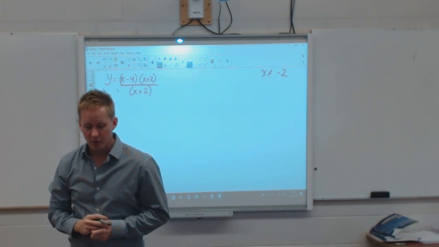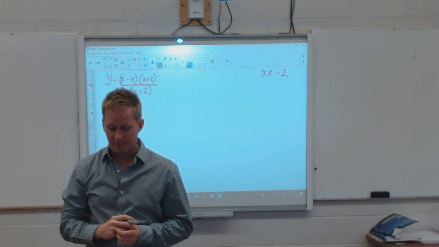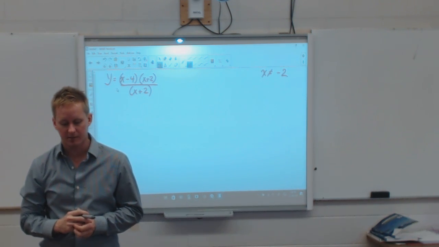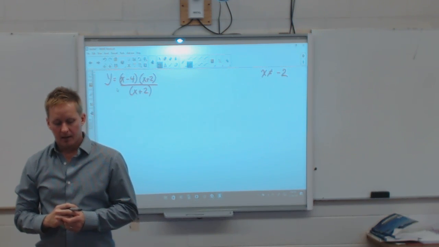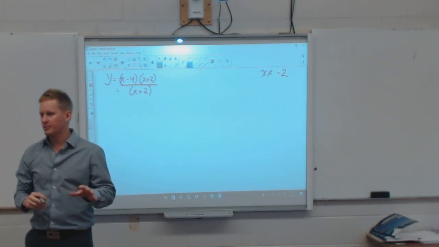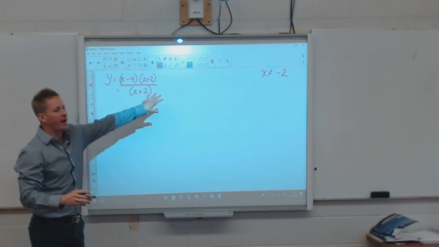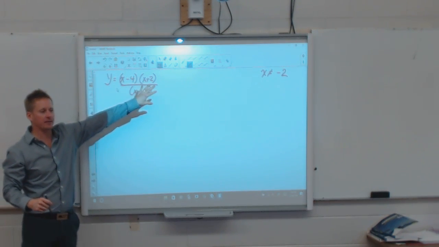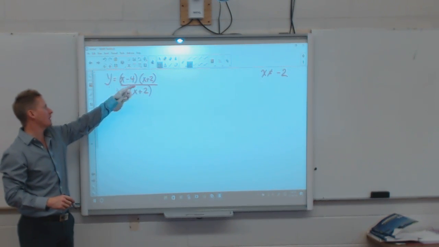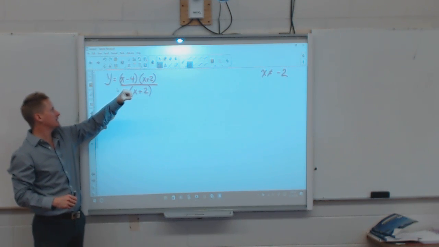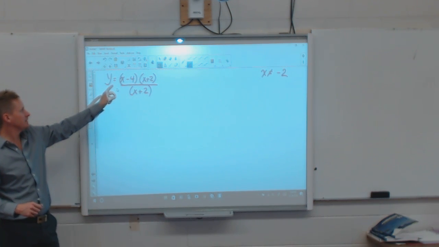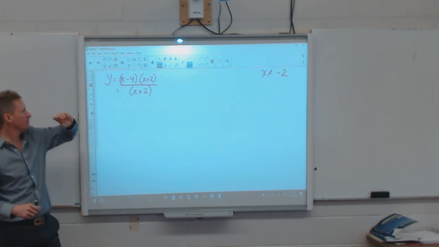So it says here, if the numerator and denominator have at least one common factor, there is at least one point of discontinuity in the graph. And then it says to equate it and then substitute it. But here's what happens. So you're going to factor this. We've now factored it. So this question could have started off x squared minus 2x minus 8.